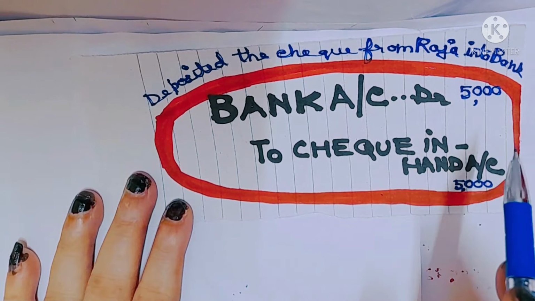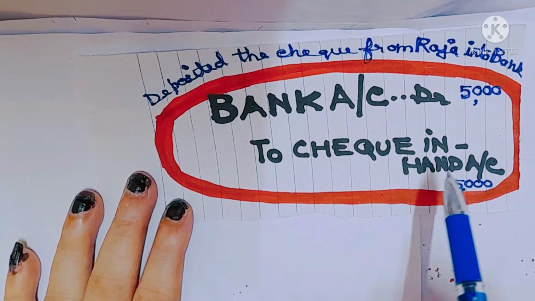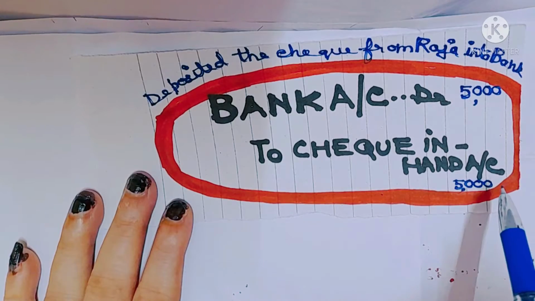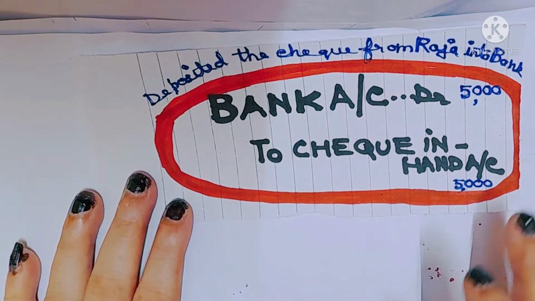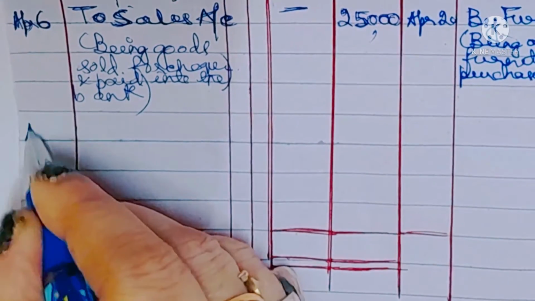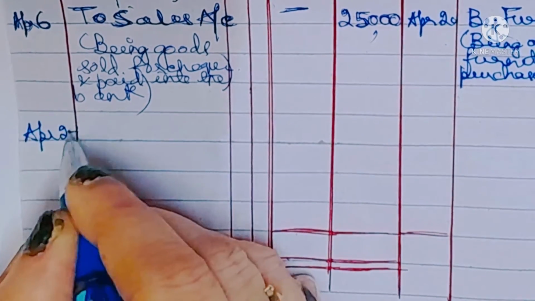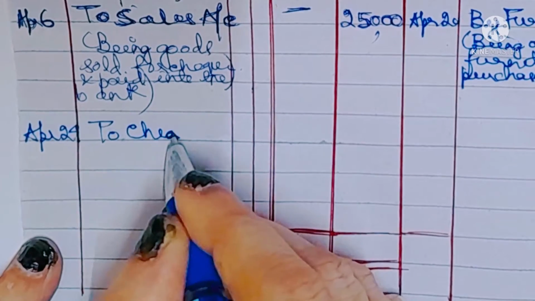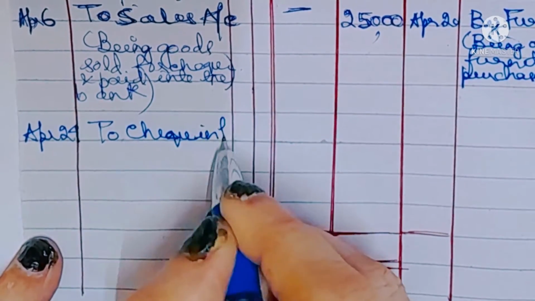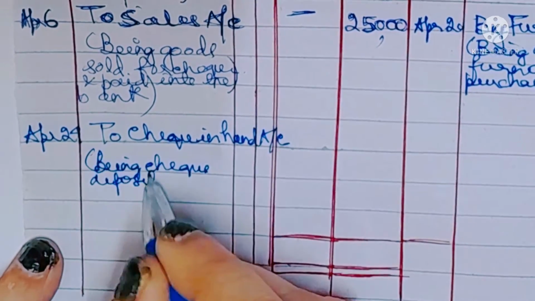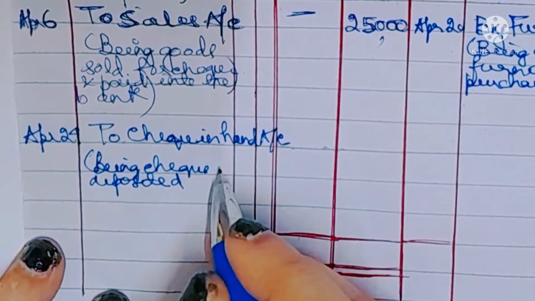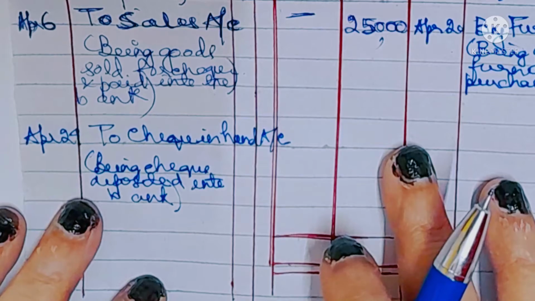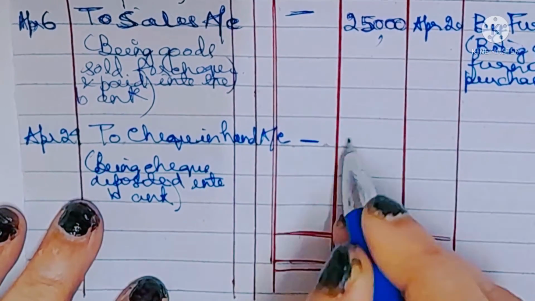So we'll have to write to check in hand account in the cash book on the debit side in the bank column 5,000. Okay. So now let's write on 24th April to check in hand account, being check received from Raja deposited into bank. How much? 5,000 in the bank column.